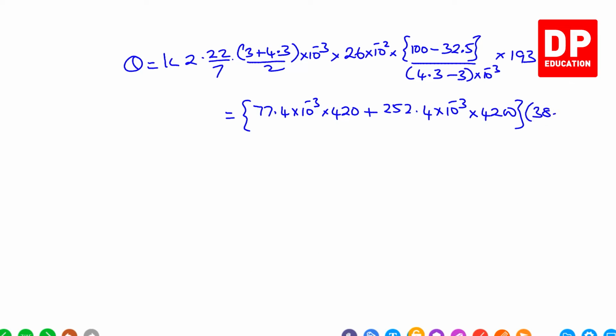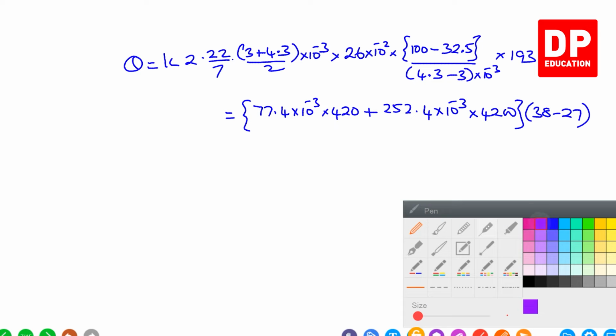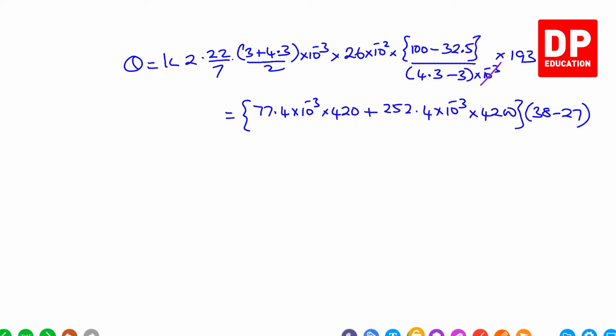We have to solve this. Let me cancel all that I can cancel here. Here's the 10 to the power minus 3, 10 to the power minus 3. Gone. Then, here we have a 10 to the power minus 2.